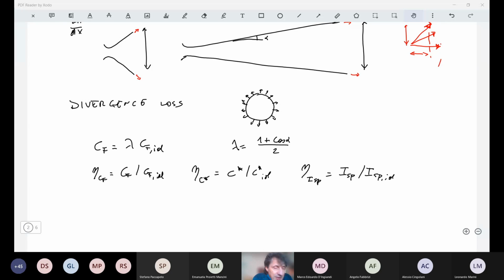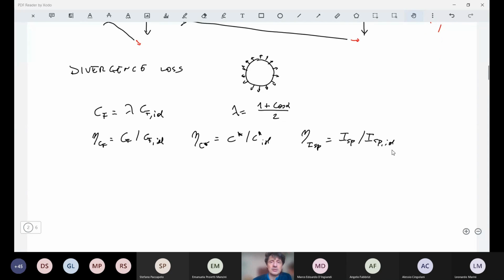So, in practice, sometimes you see a conical nozzle, and of course these are conical nozzles, but usually what you see is what we call a bell nozzle, or contoured nozzle.